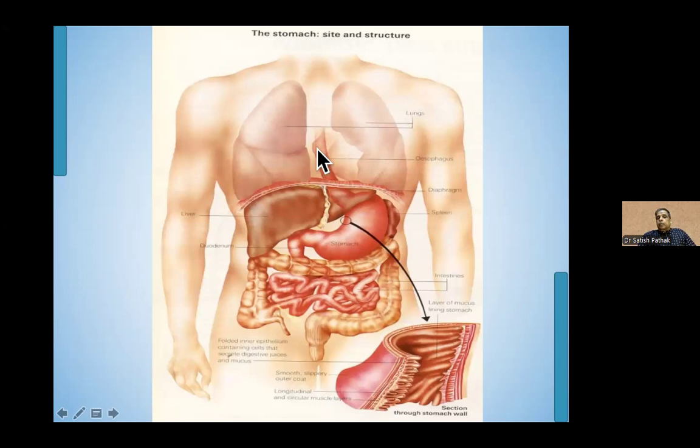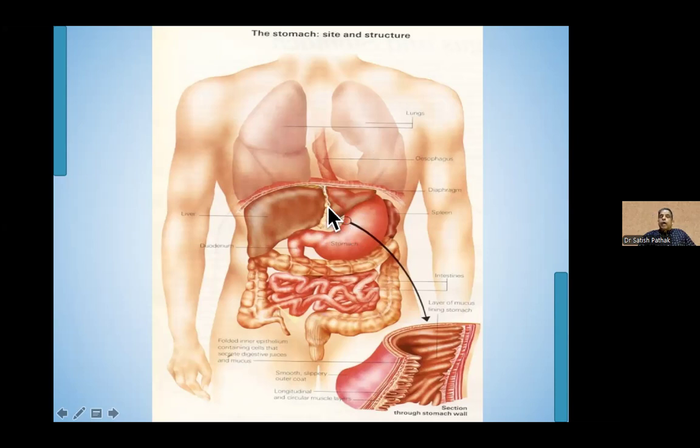Above the stomach, what is here? Lungs and the heart. So there will be pressure on the heart. So the patient who has a heart problem or high BP should not practice Vaman. Otherwise, we will get more problems.